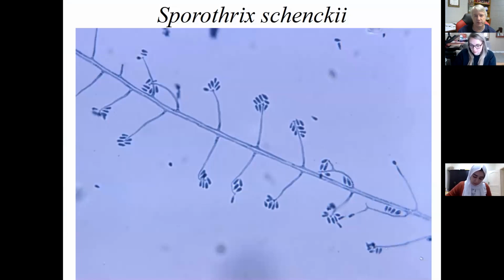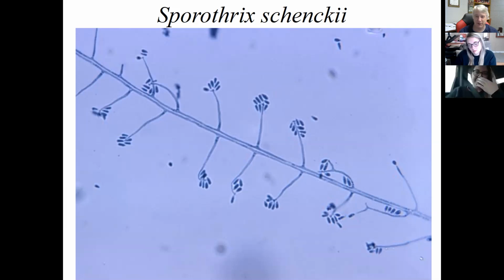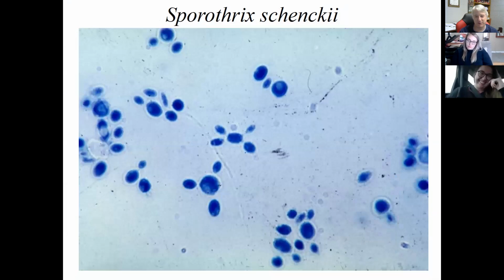So if you were guessing, which one would you say this is of the Sporothrix? Is this the yeast form or the mold form? I think mold. You would be correct. And would you say this is the yeast or the mold form?